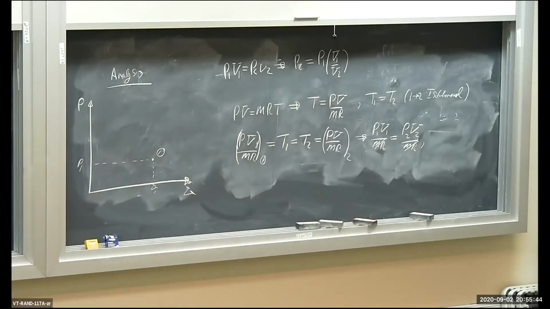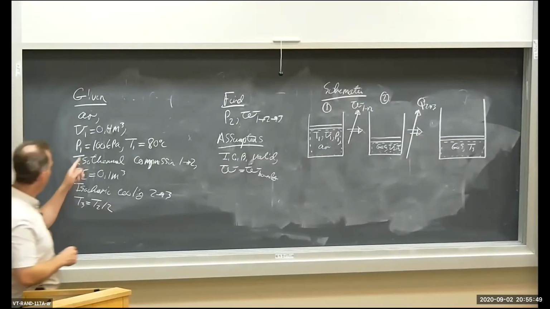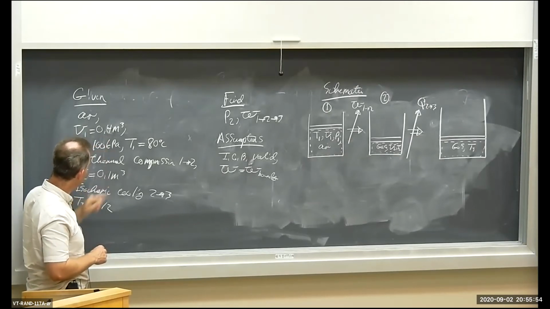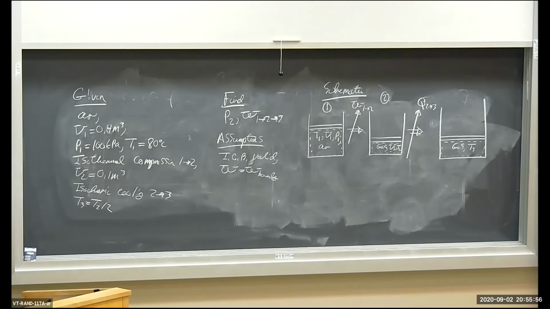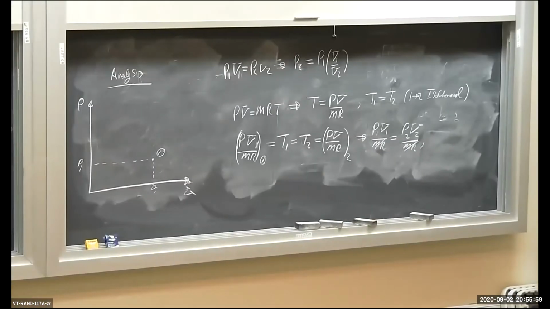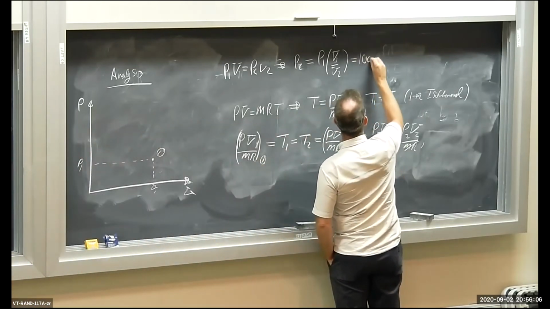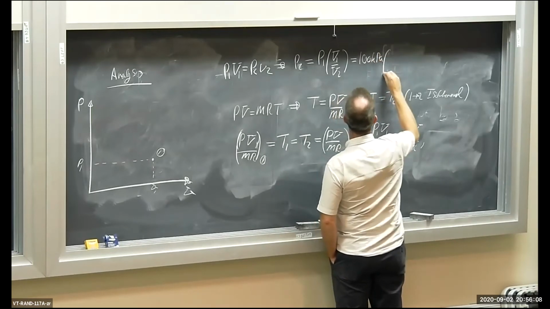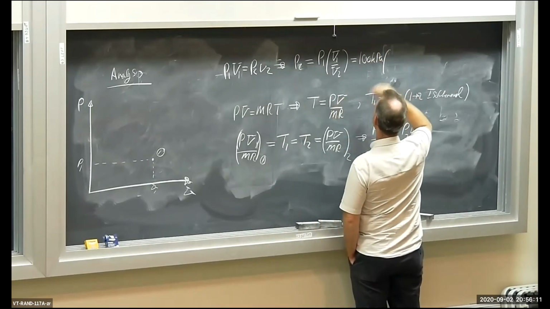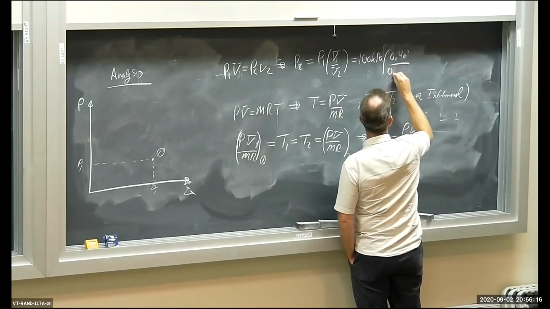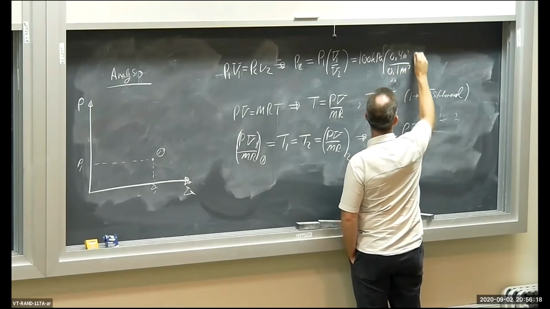Now, let's see what we know here. I know pressure P1, I know V1, and I know V2. V1 is 4 times V2, 0.4 versus 0.1 cubic meters. So let's plug in. P1 is 100 kPa. V1 is 0.4 cubic meters, and V2 is 0.1 cubic meters.